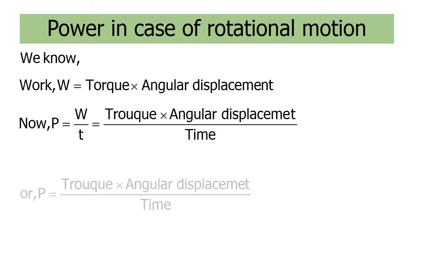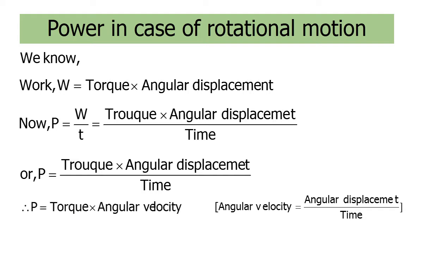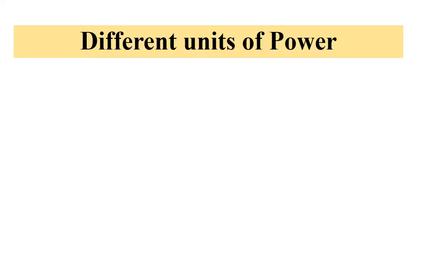As we know, angular displacement by time equals angular velocity, so we can write the power P equals torque into angular velocity. That is the formula for rotational motion.